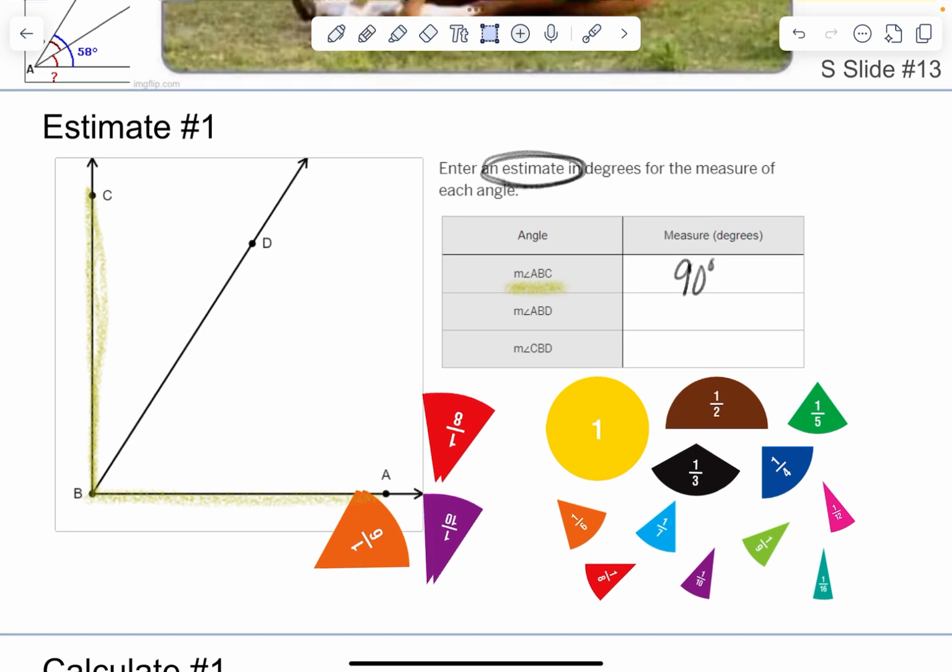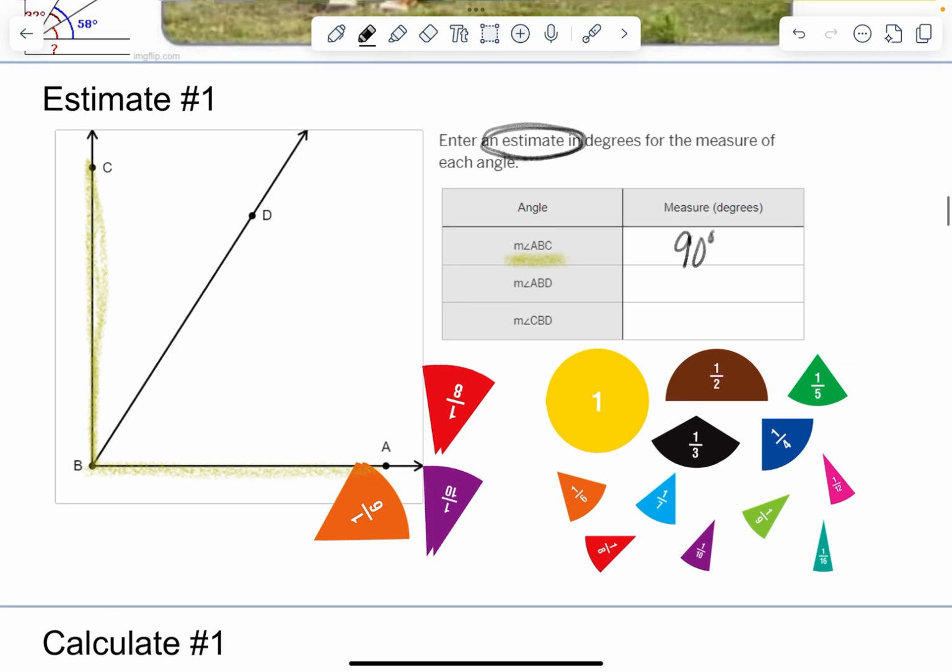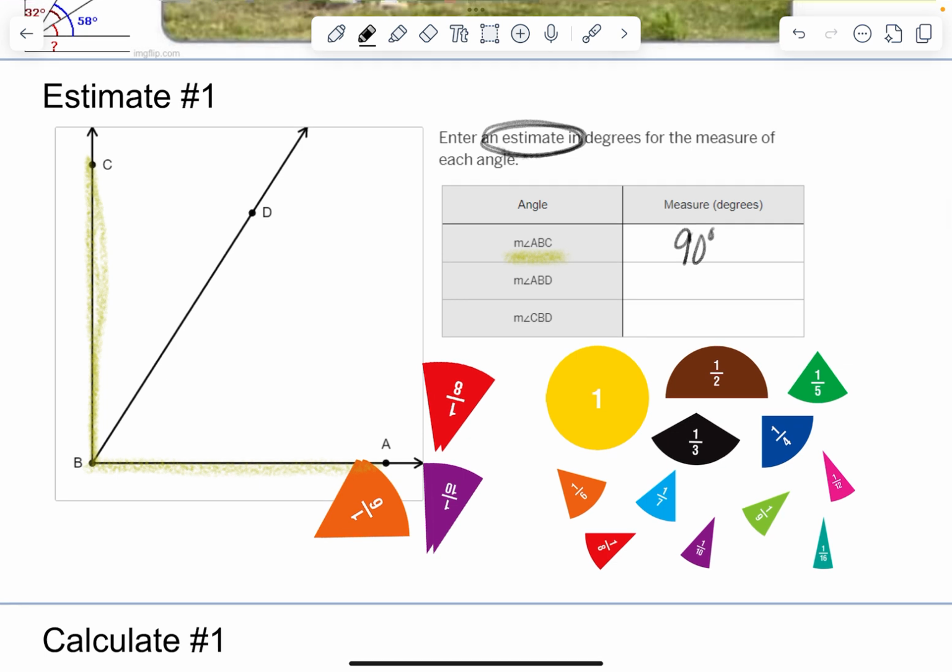I don't know if this is going to work, but I pulled these pieces in because I thought it would be a way for you to get that visual.